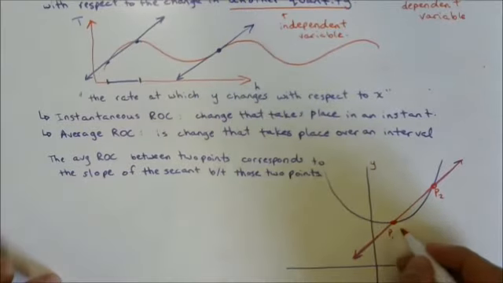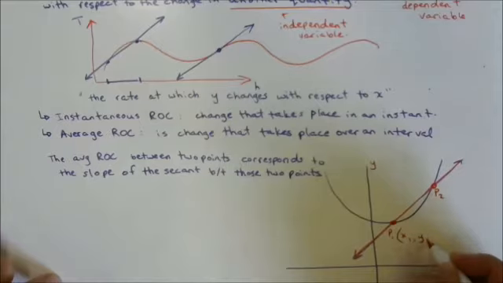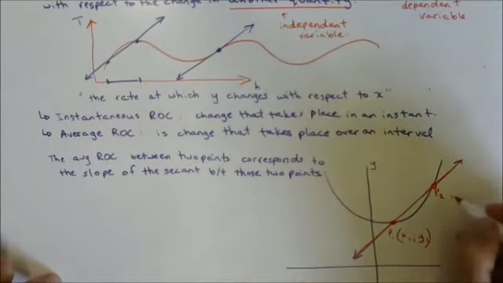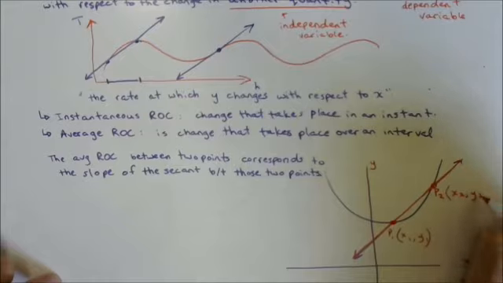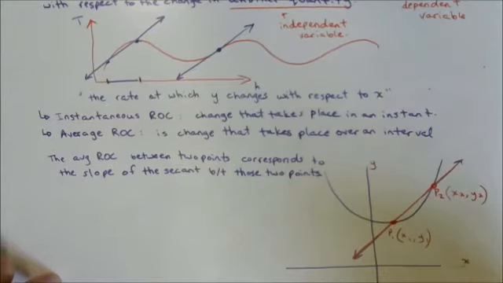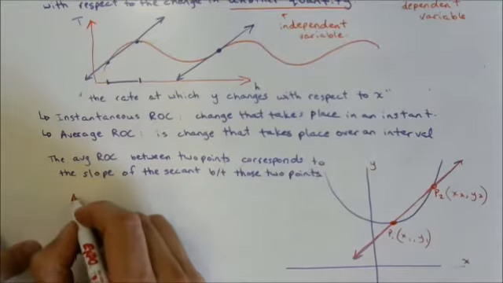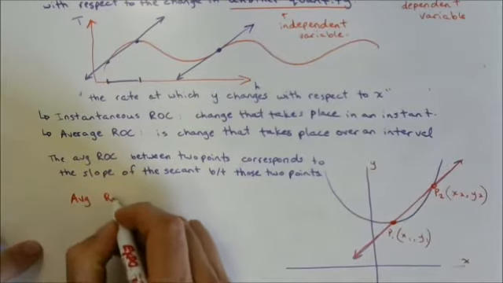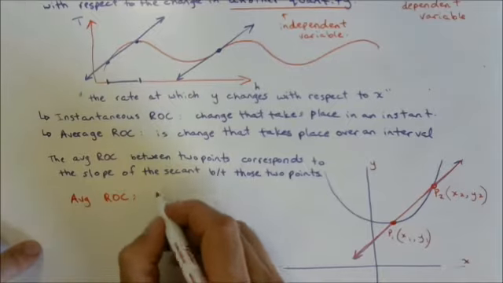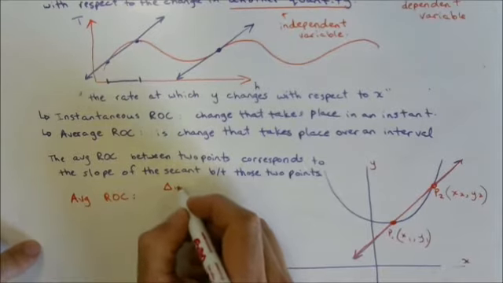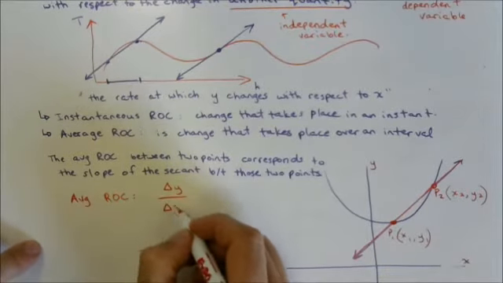How do we find the slope? Well, if you know what P1 is, it has coordinates x1, y1. And if you know where P2 is, it has coordinates x2, y2. Okay? And then the average rate of change looks like this. We say delta y over delta x.